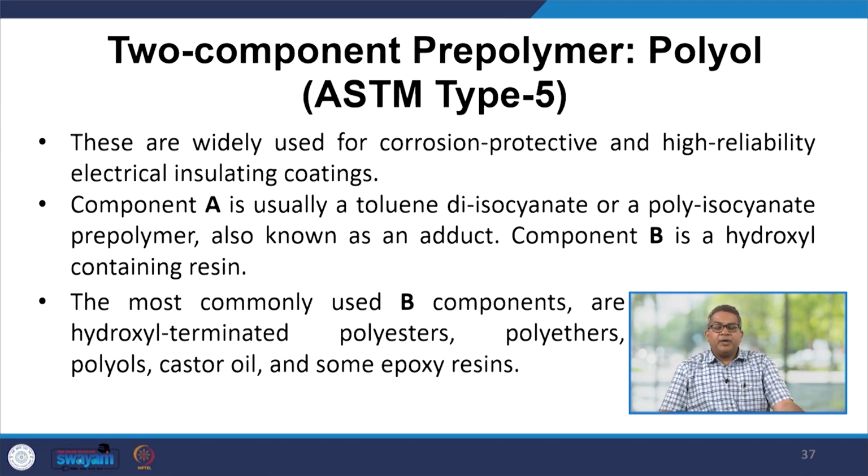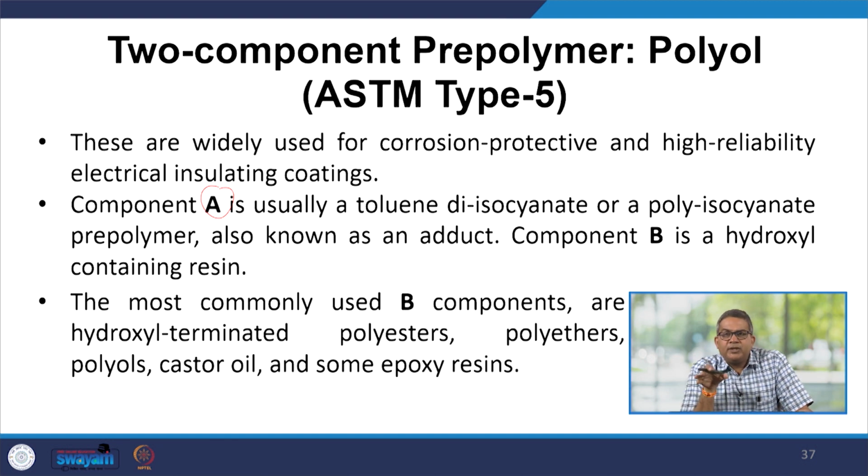Another class based on ASTM is the two component pre-polymer polyol, ASTM type 5. These are widely used for corrosion protective and high reliability electrical insulating coating. Now, component A is usually a toluene diisocyanate or polyisocyanate pre-polymer, also known as adduct, and component B is a hydroxyl containing resin.